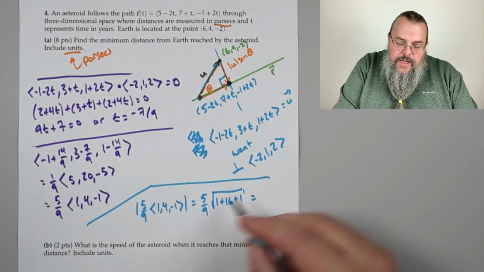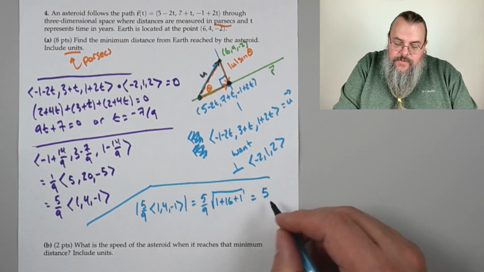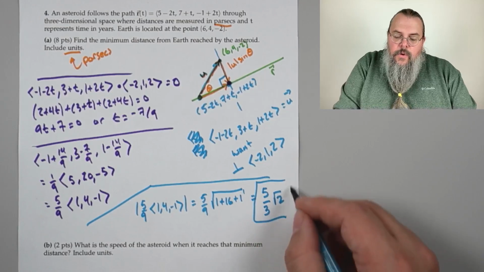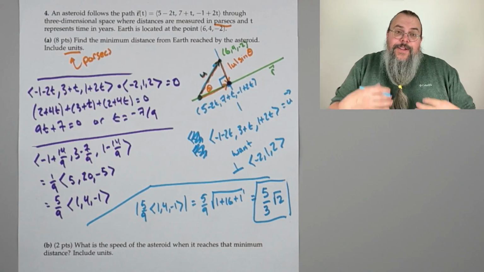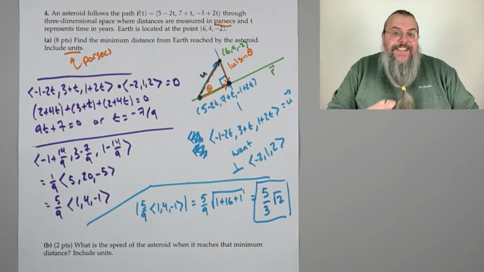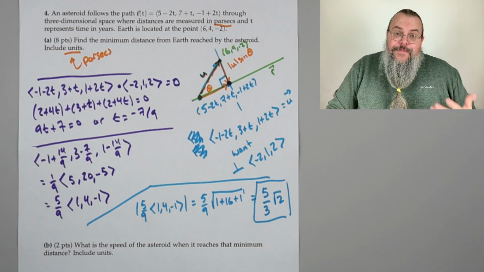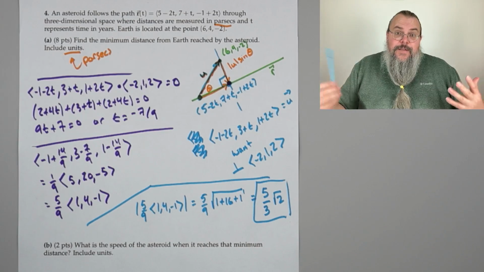If you pull it out, you can cancel with the 3 downstairs, so we end up with 5/3 square root of 2. Whew! Wow! That's a lot of work, right? Like I said, there's other ways to do it, and regardless of which way you do it, you will still end up with 5/3√2. Unless, of course, you make a mistake.